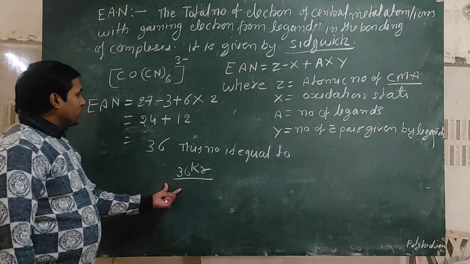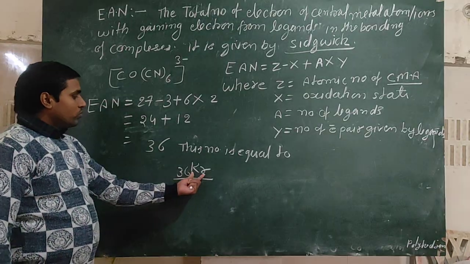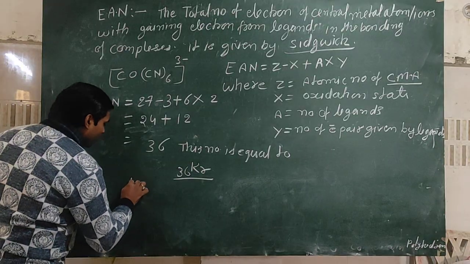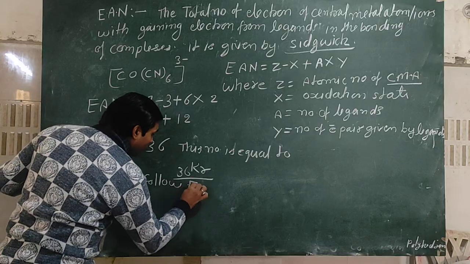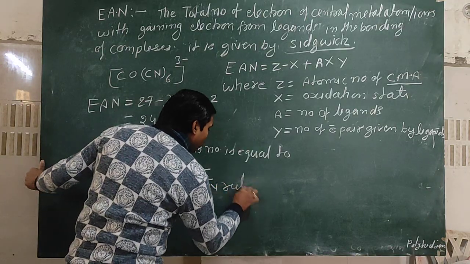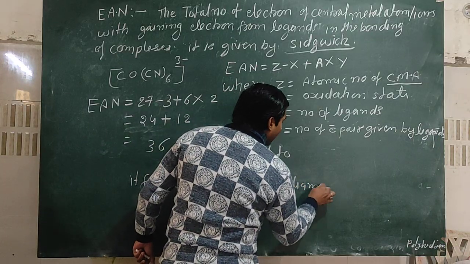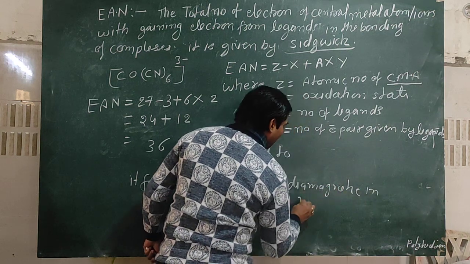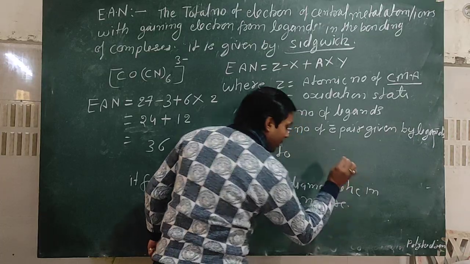We also know that if the effective atomic number of any complex is equal to the atomic number of an inert gas, then it follows the EAN rule and is diamagnetic in nature.